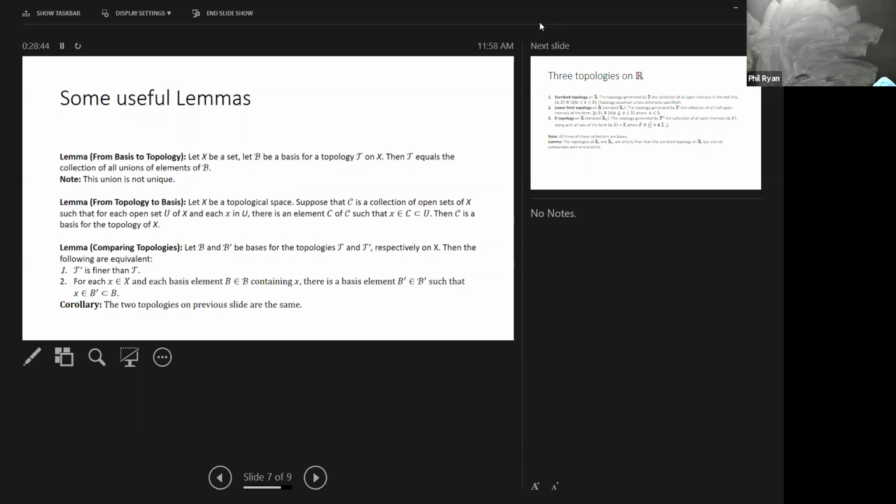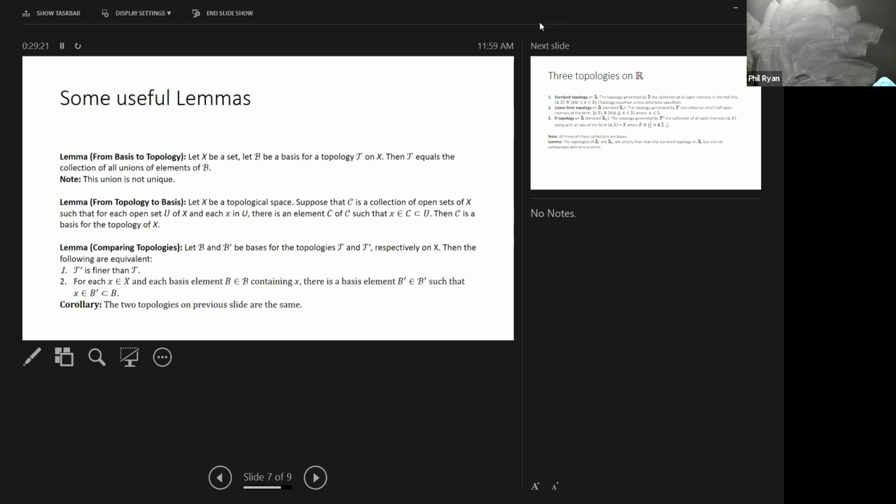Now, we call it a basis, but it's not a basis like you know from linear algebra, because bases generate things in linear algebra. What's the other condition that you have to have for a basis? There's only one way to write it. Right, linear independence is an important thing. So there's a unique way of writing anything in terms of a basis. This is not true in topology.